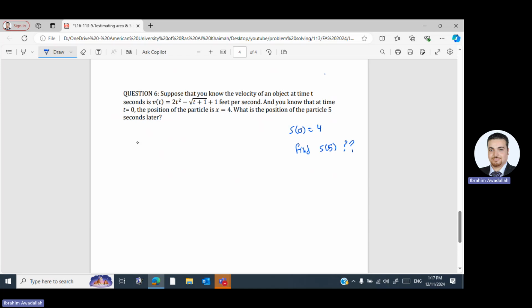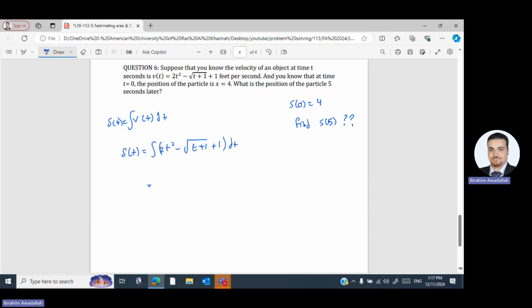So we have v of t, and the integration of it will be s of t. So s of t equals the integration of 2t squared minus the square root of t plus 1 dt. We don't have an interval here, so that's why we need to find the antiderivative.